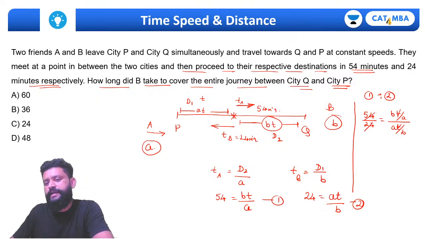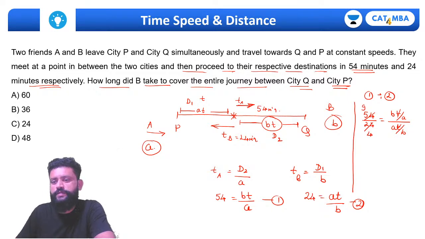We divide by 6, and this must be equal to B square upon A square. Take the square root, B by A is 3 by 2. So definitely A by B will be 2 by 3.